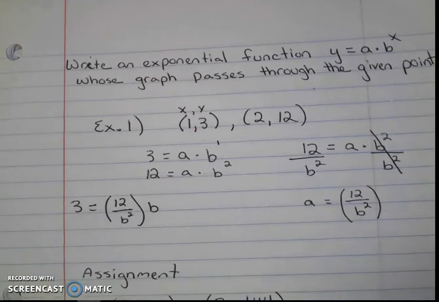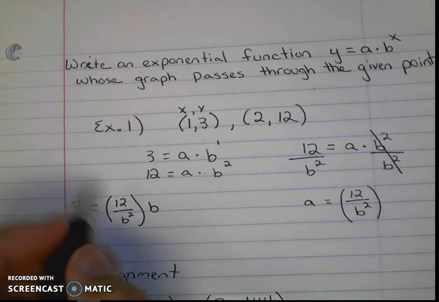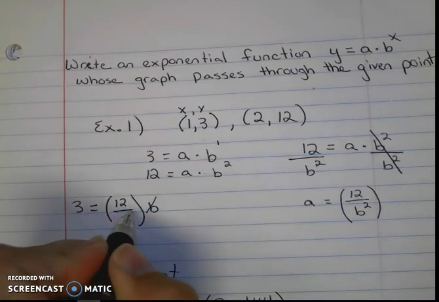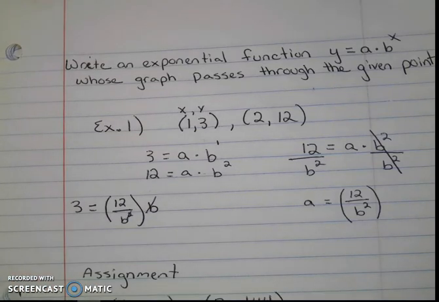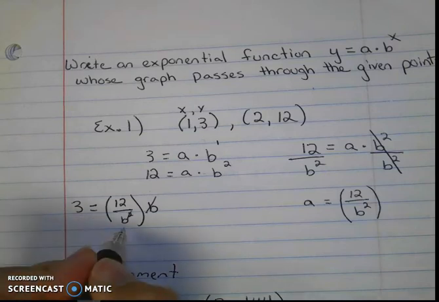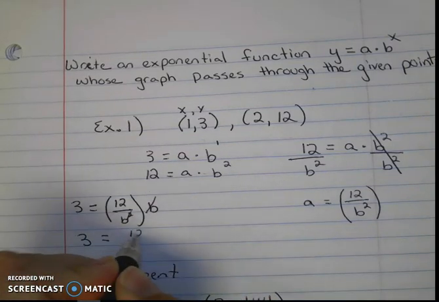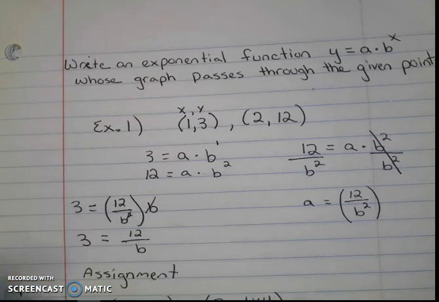And now we can solve this equation for b. So we get, b cancels one of those b's, and we have 3 equals 12 over b.